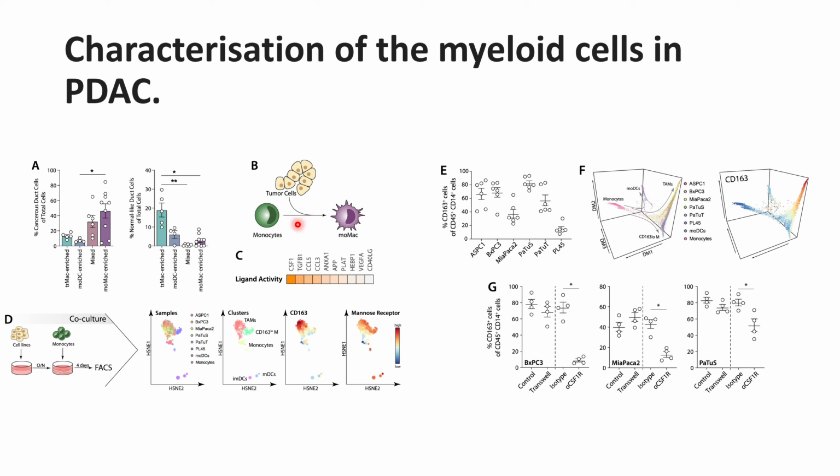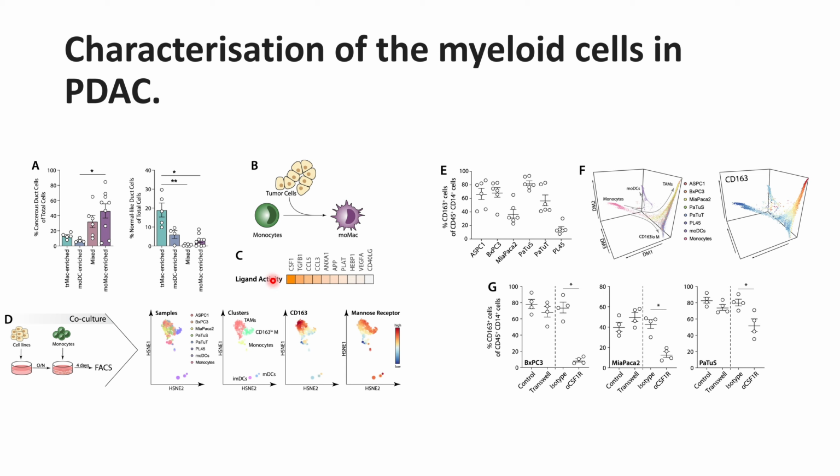Considering this hypothesis, they did an in silico analysis to identify which genes are responsible for differentiating monocytes into those macrophages, and from their in silico analysis they found that the CSF1 gene could be the gene highly responsible for differentiating monocytes into these macrophages.